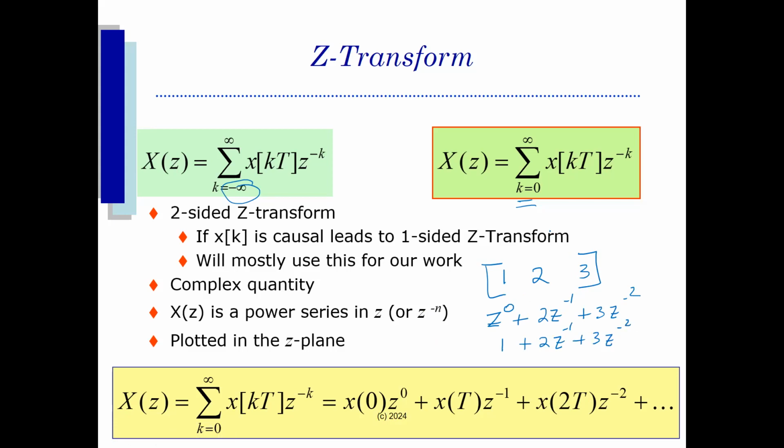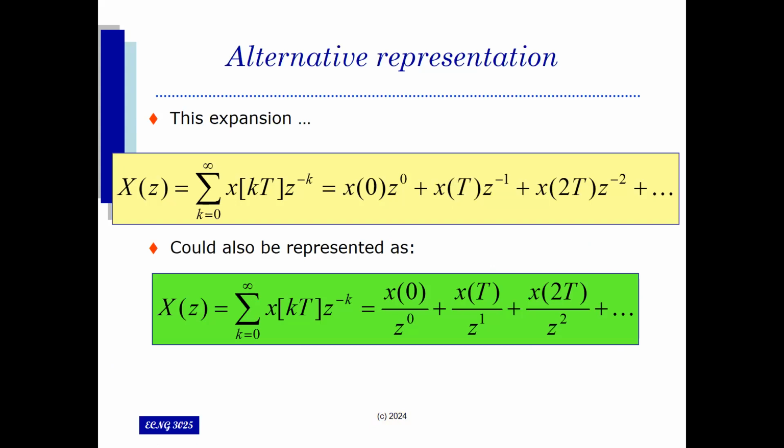So for a fixed size sequence, you could literally write out the Z transform. It's just each consecutive element multiplied by the appropriate value of z, z to the minus whatever that particular index is. So very straightforward, right? And don't forget, z^-1 is 1 over z.